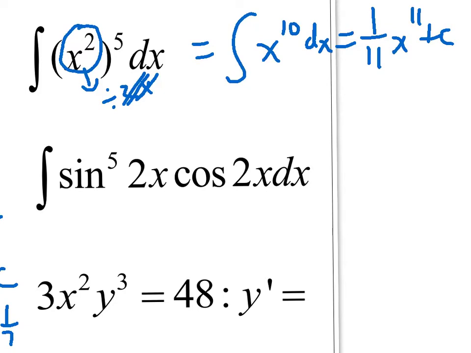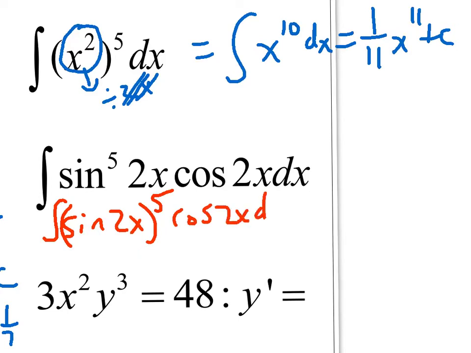Next problem is another one where the derivative of the inside is actually an equation. So I'm going to rewrite this as sine 2x, the whole thing to the 5th power, times cosine 2x dx. And then it's really easy to see my outside function is to the 5th power.